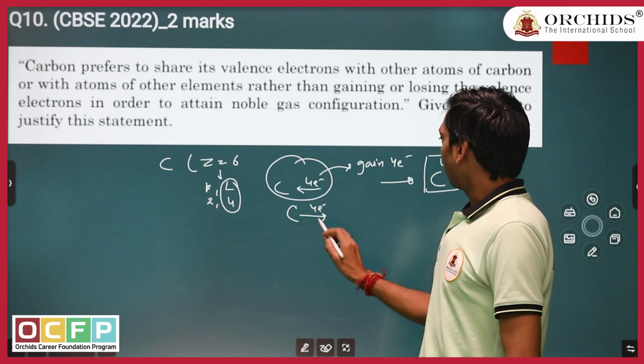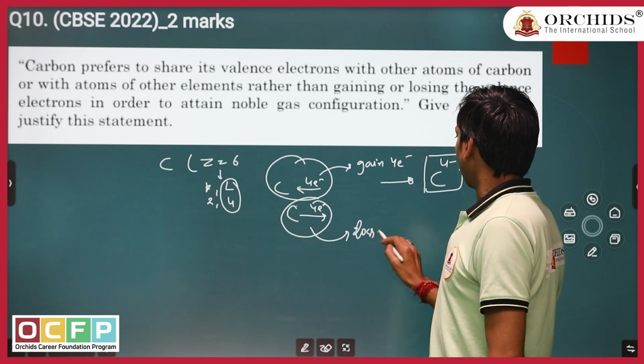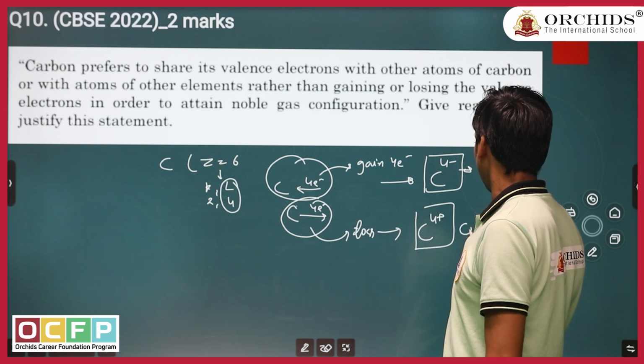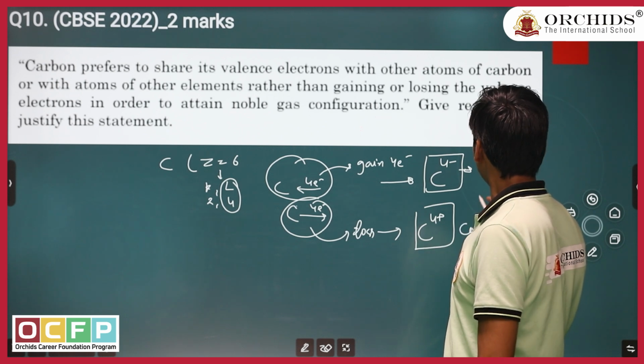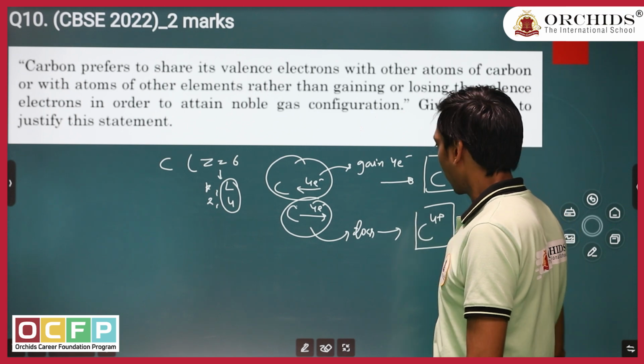Similarly, if carbon loses 4 electrons, it will attain positive charge, C4+. That is a cation. And this is a very popular question, why carbon does not form cations and anions.